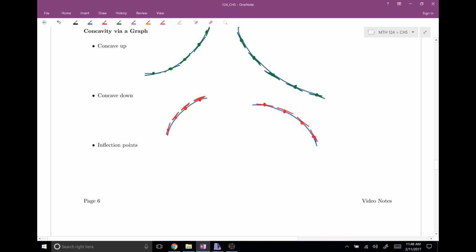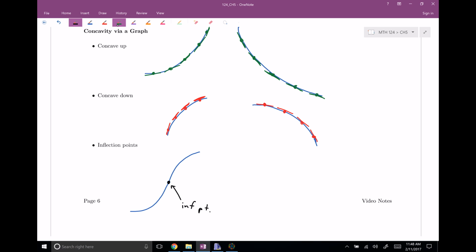And then finally, an inflection point, someplace where you switch concavity. These are going to look something like this. Let me actually draw this in black. So the claim is this right here is going to be an inflection point. Quite often I denote it INF PT, inf point. So that's an inflection point.